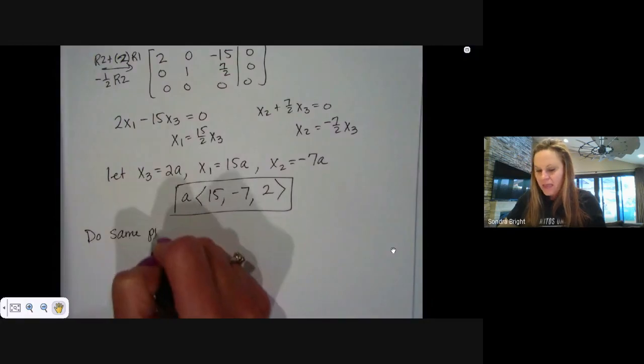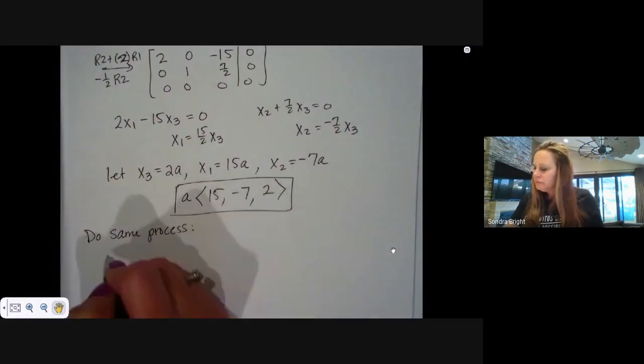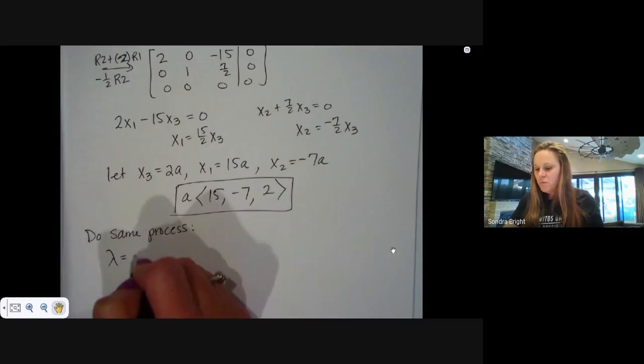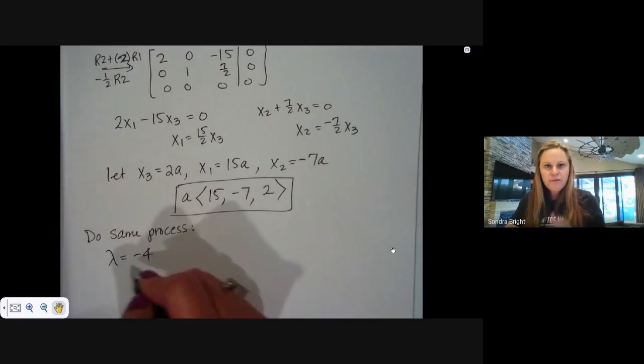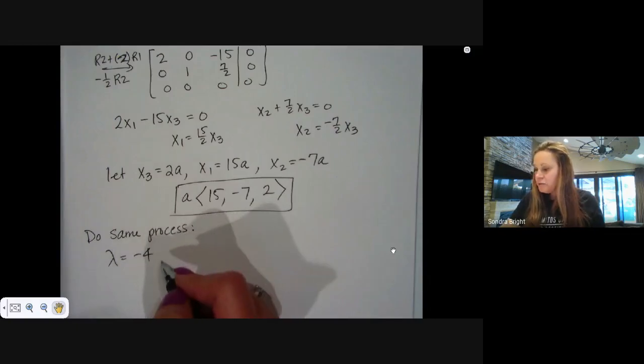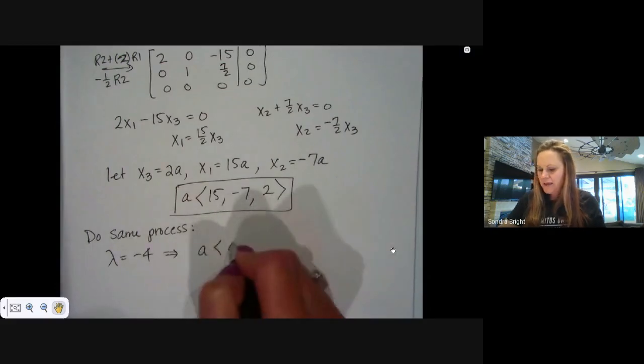Pause my video right now and figure out what your eigenvector is for when lambda equals -4. You should end up with 0, 1, -1 times a.